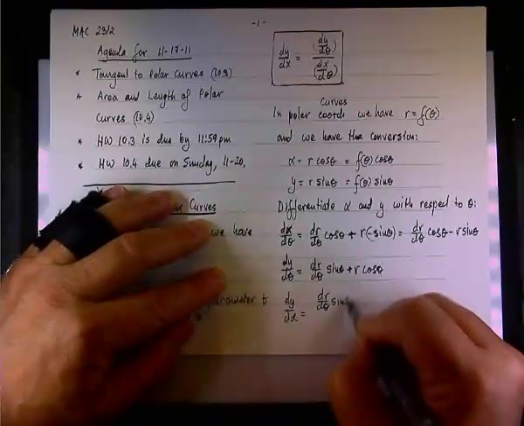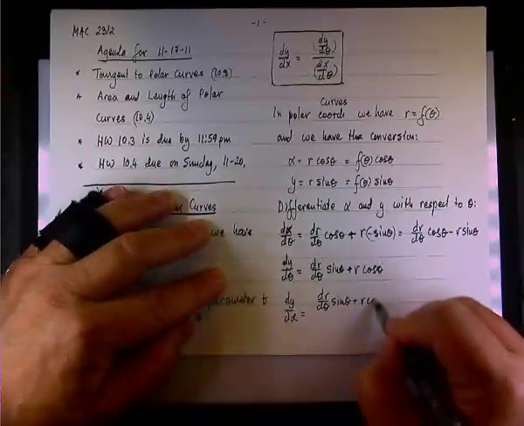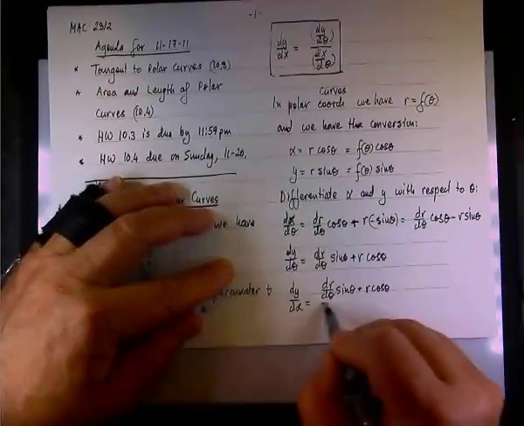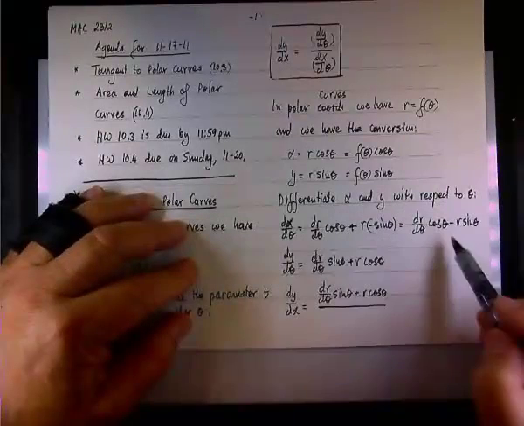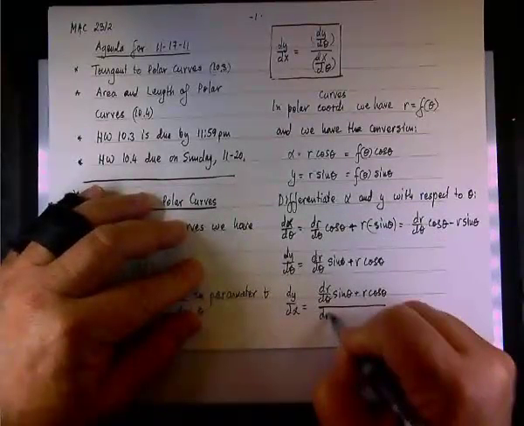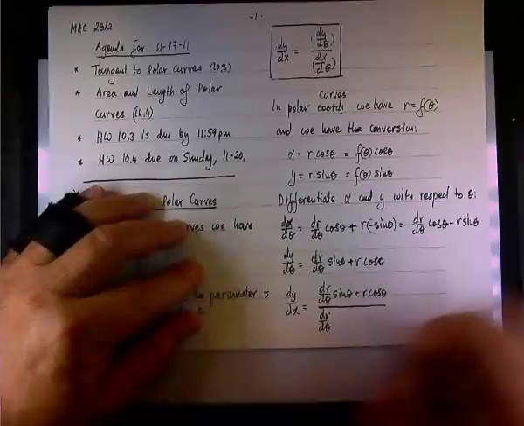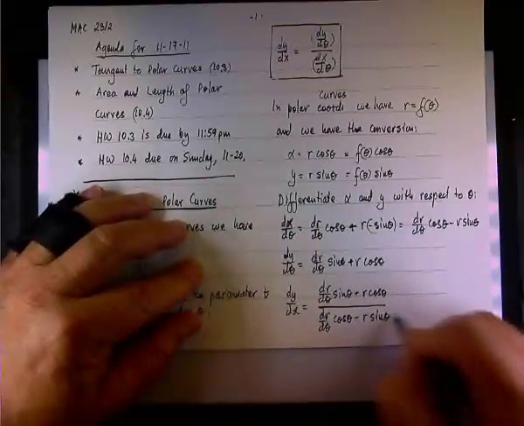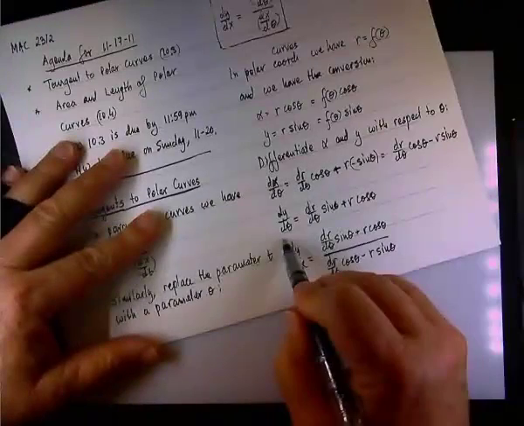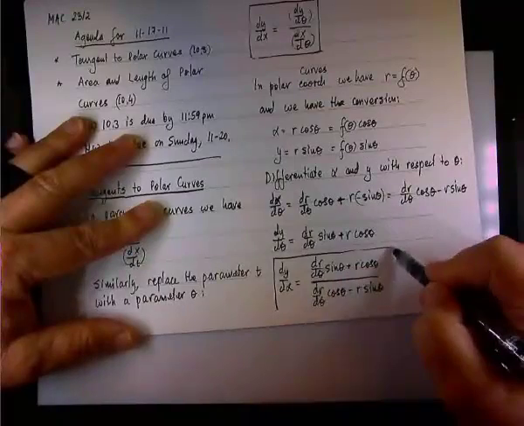Instead of dy/d theta, I have dr/d theta sine theta plus r cosine theta, and instead of dx/d theta, I have dr/d theta cosine theta minus r sine theta.